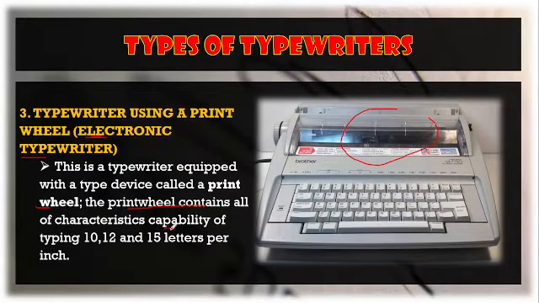And it's capable of typing 10 to 12 or 15 letters per inch. So depende, kasi meron kasi yung letter din na malalawak, di ba? Tulad ng W, pero meron din yung maikli katulad ng letter I, or letter L as well. So anyway, those are the common 3 types of typewriters that we have.